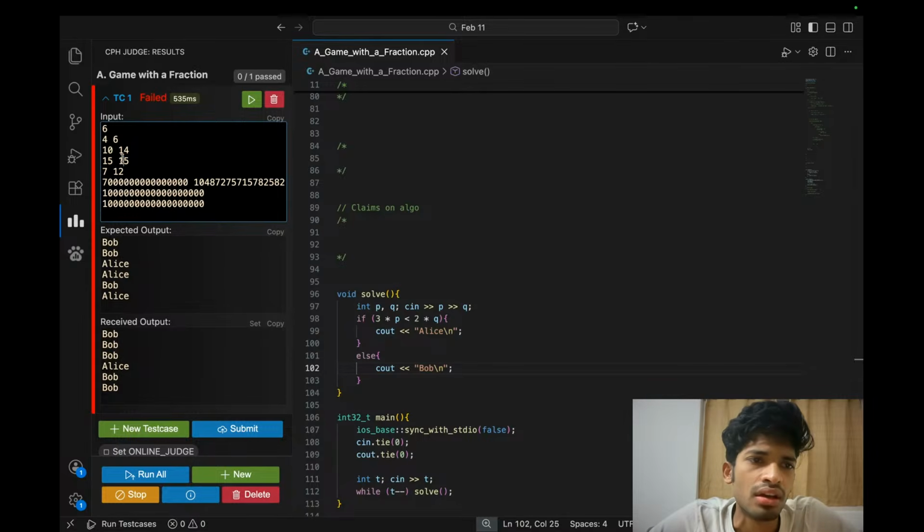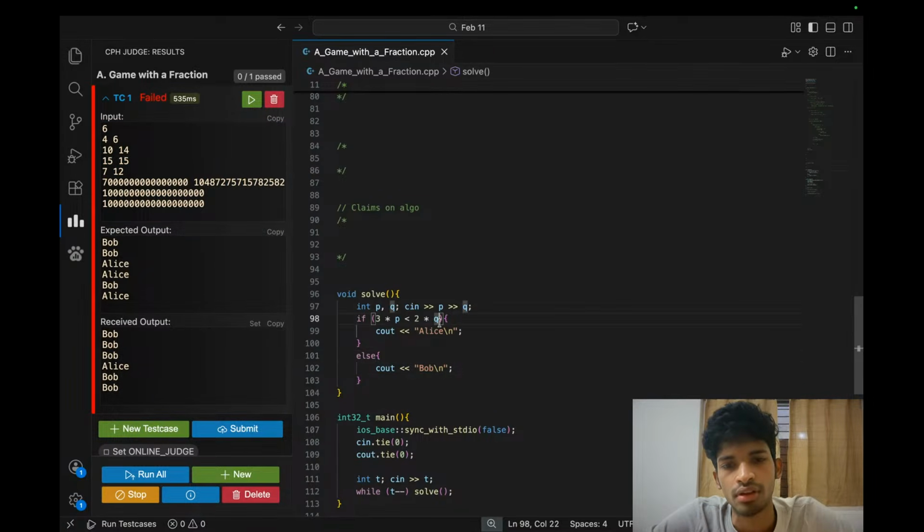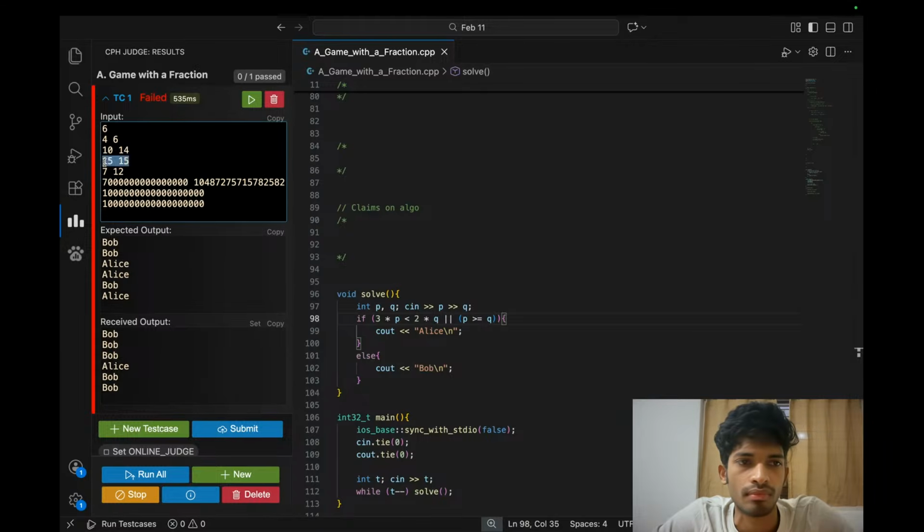Wait a minute. If this is greater than or equal to, then also Alice can win. Or if p is greater than or equal to q, Alice can always keep.